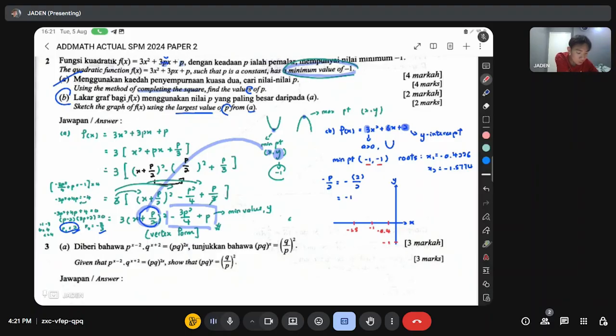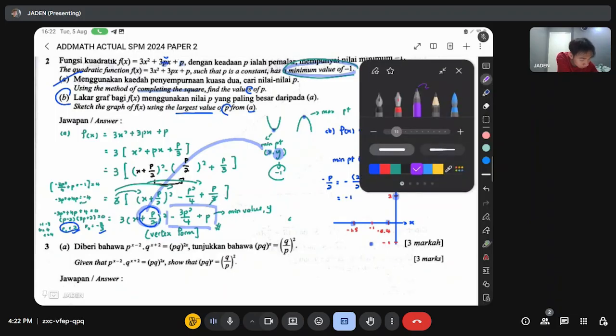What else did I miss out? I could have this as well, which is the y-intercept 2 here. And I want to make sure that my graph looks like a smiling face curve. There are a few coordinates you must pass through, which are these two roots and also the minimum point here.